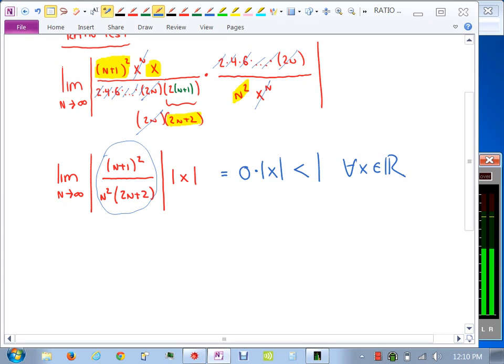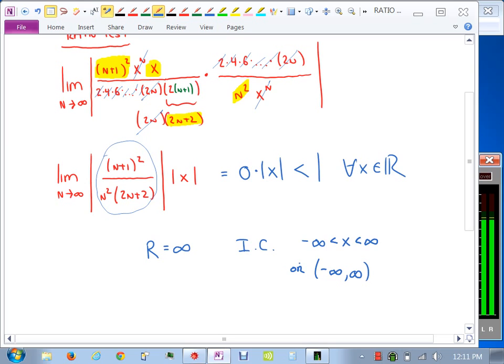Which means what? R is what, and what's my interval of convergence? R is your radius, so it's infinite. You have an infinite radius, just infinity. Your radius is how far in each direction? Infinity that way and infinity that way. What's the interval? Negative infinity less than x less than infinity, or if you want, you could say negative infinity to infinity.